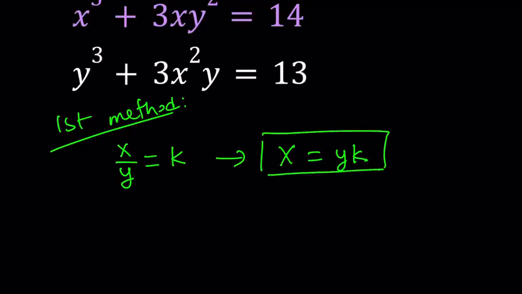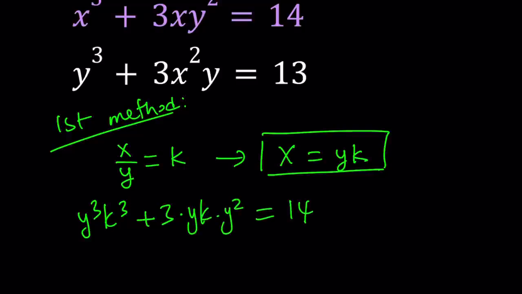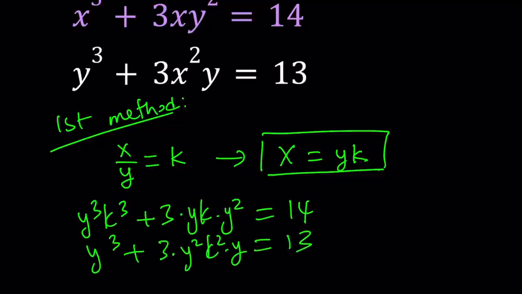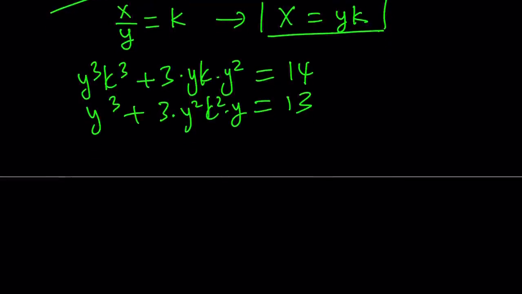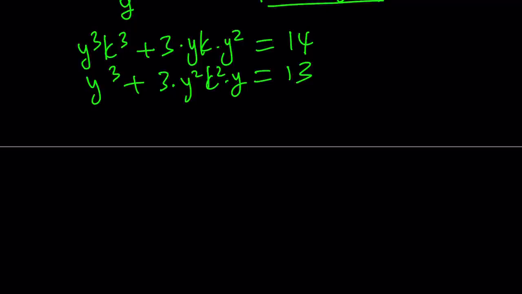Replace x with yk. So we're going to get y cubed k cubed plus 3 times yk times y squared equals 14. And we're going to get y cubed plus 3 times y squared k squared times y equals 13. Great. Let's go ahead and simplify this. We can definitely multiply these two together.